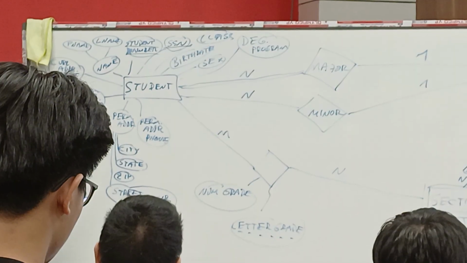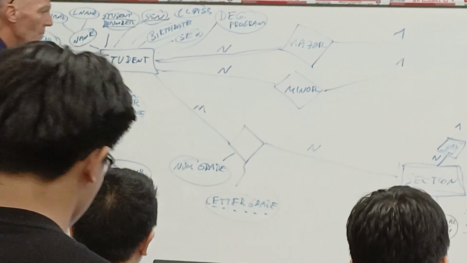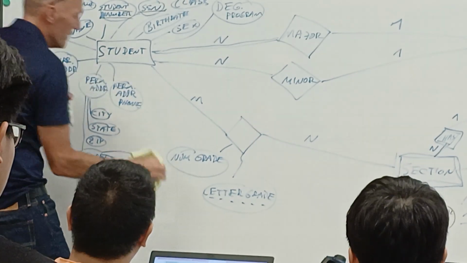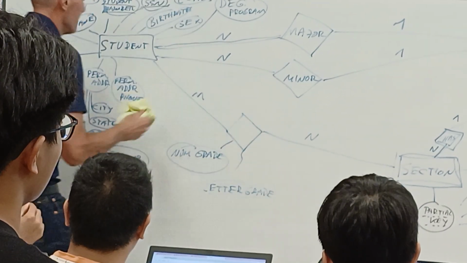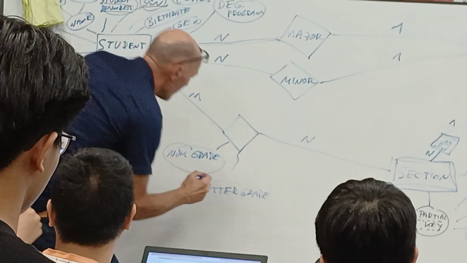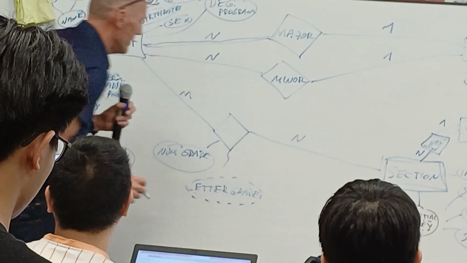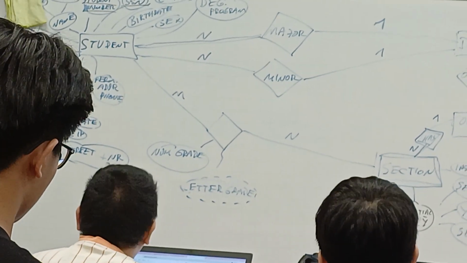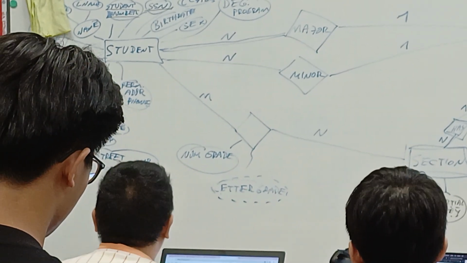Better. Dashed line here, the partial key, the right attribute like this. Number grade, I'm storing. Letter grade, I can write the other way around.